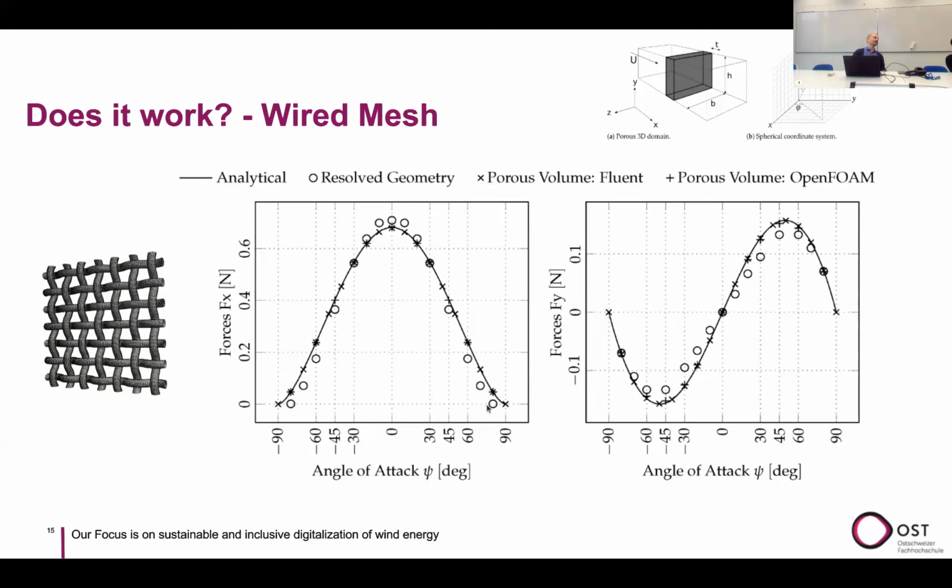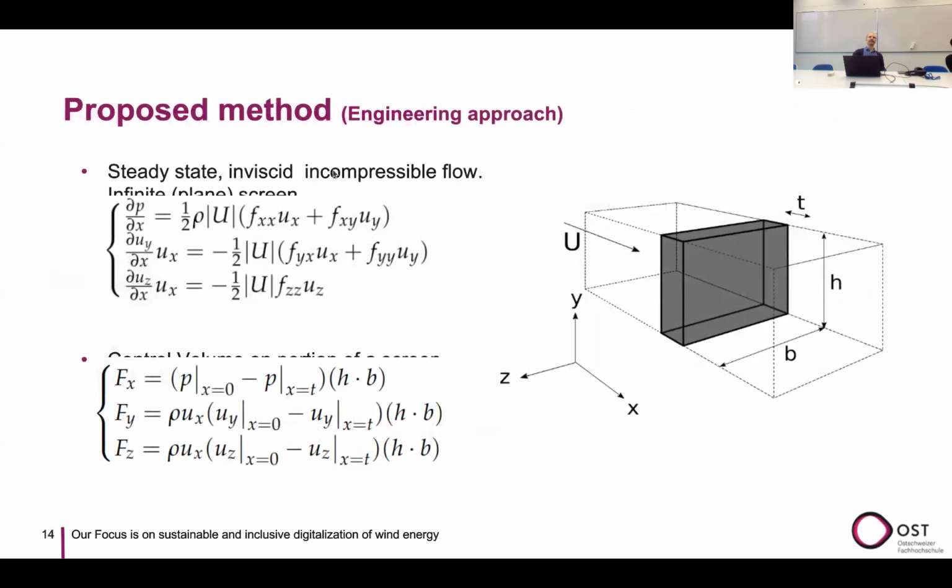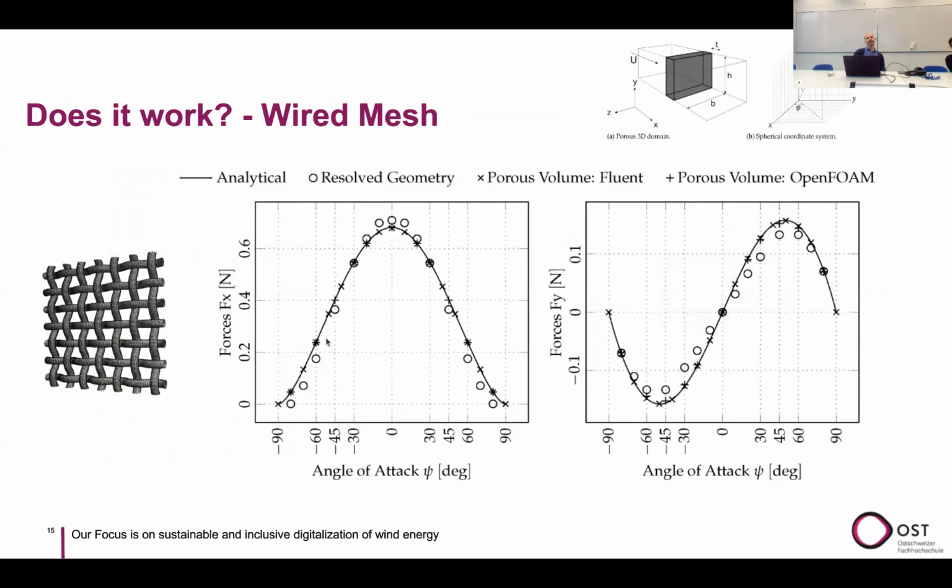The line is an analytical solution of what we would expect if we solved these differential equations with the coefficients that we found in the least squares optimization. And the crosses are the forces from the computational fluid dynamics software that uses porous volumes or porous areas with the coefficients that we found.